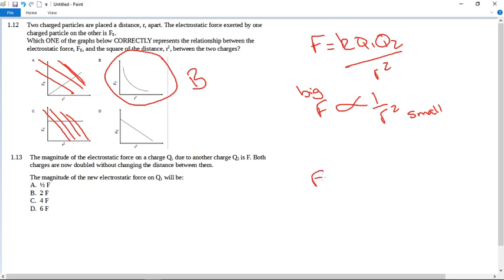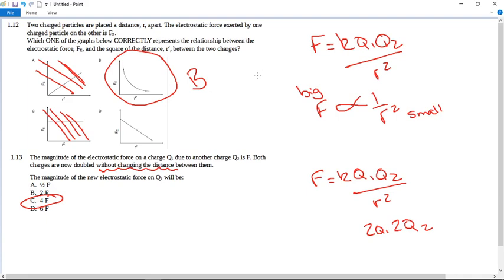What will happen to the force if Q1 becomes 2Q and Q2 becomes 2Q? Then 2 times 2 is 4. We will increase the force, and so the new force will be 4F, because we have not changed the distance.